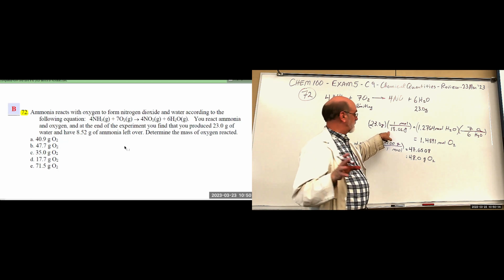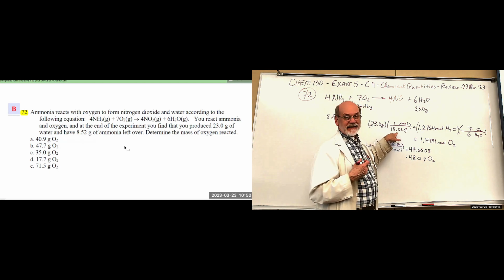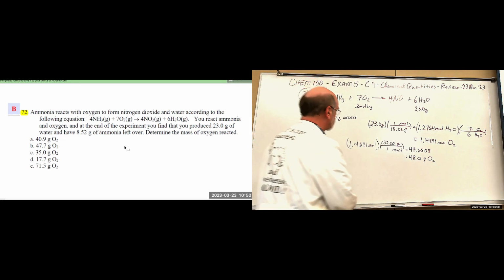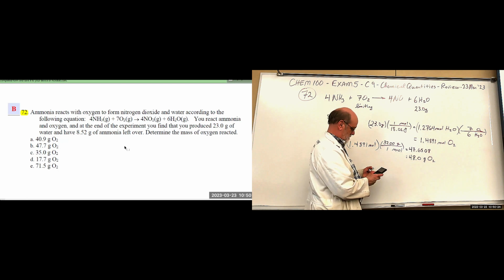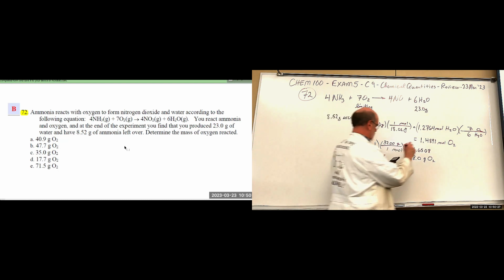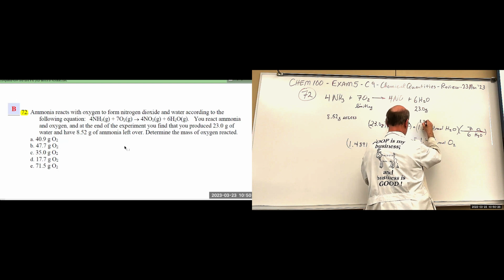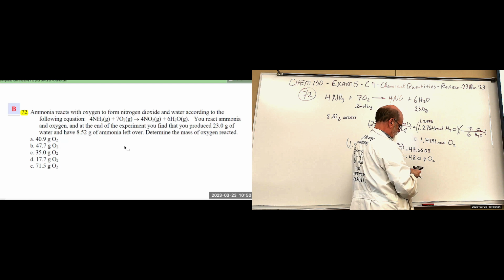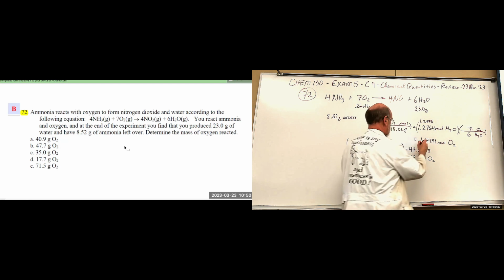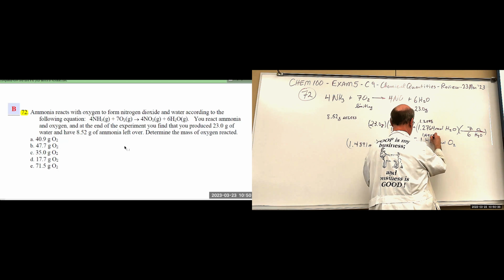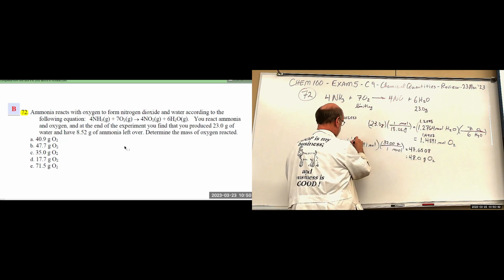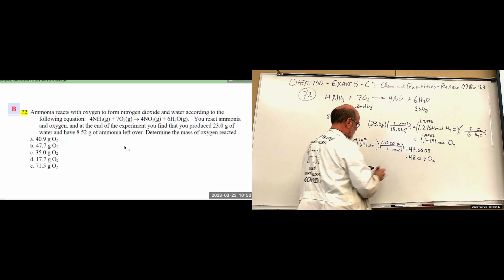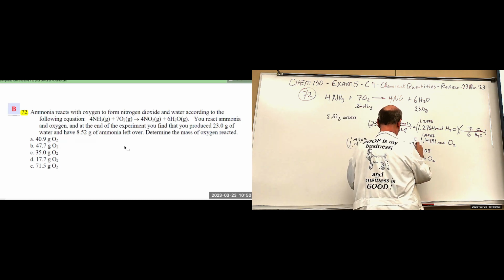Oh, I think I know what happened. They probably used 18 here instead of 18.02. Let me see if that fixes it. So that's 1.2778 times 7 divided by 6 is 1.4907. 1.4907 times 32 is 47.7.